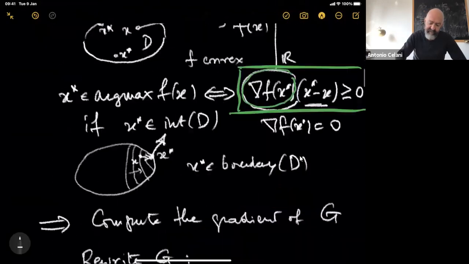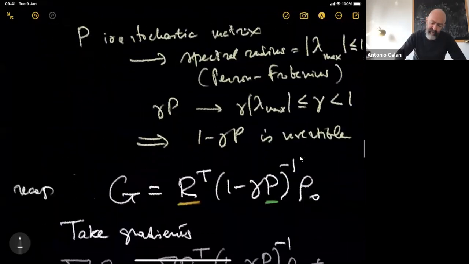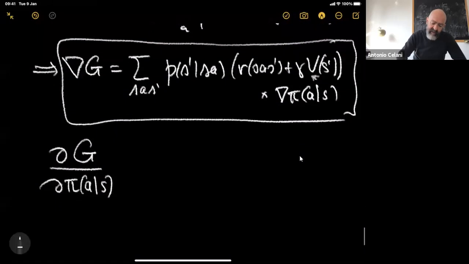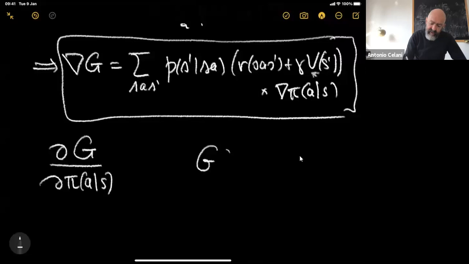More explicitly, if you wish, you have to think that G is a function of what? Of the policy that chooses action 1 in state 1, pi(1|1), pi(2|1), up to pi of the last available action in state 1.